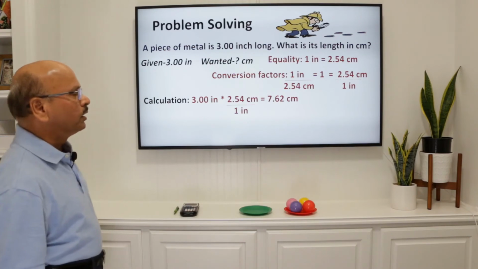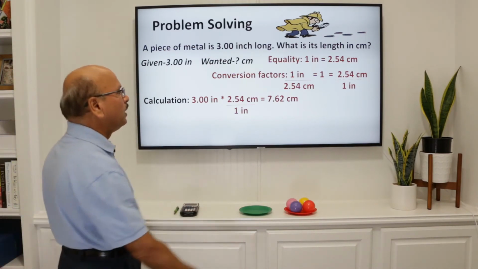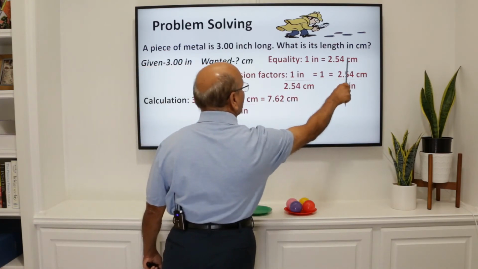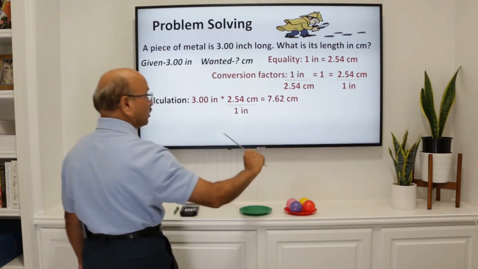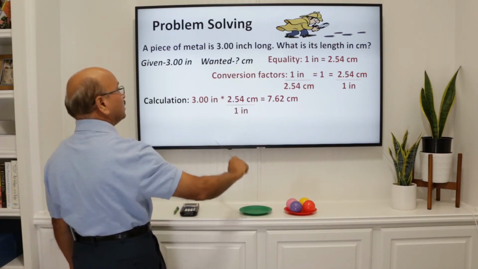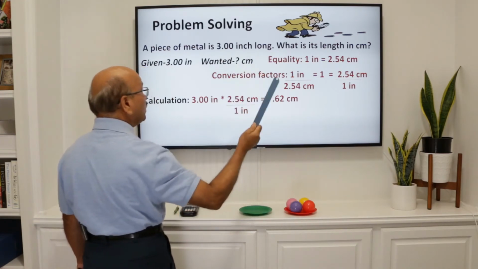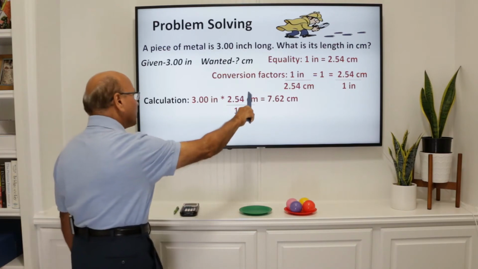I mean, the equality. So, as we have discussed in the last slide, we have two conversion factors coming out of this. Now, which of them will we use here? We have to cut away the inch, and get the centimeter. The rule is, whatever unit you want, you keep on the numerator.